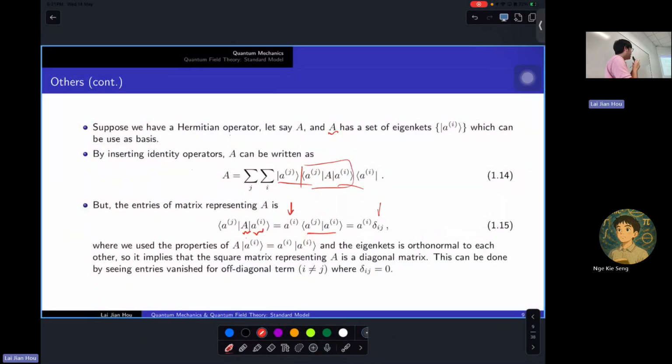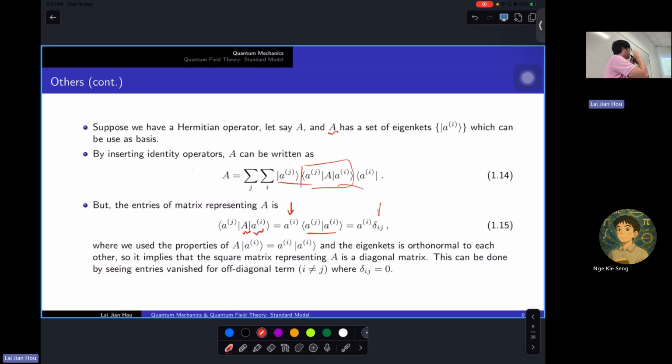Sorry, let me repeat: the orthonormality gives us a value of 1 when the index i equals j. When i is not equal to j, the terms vanish.